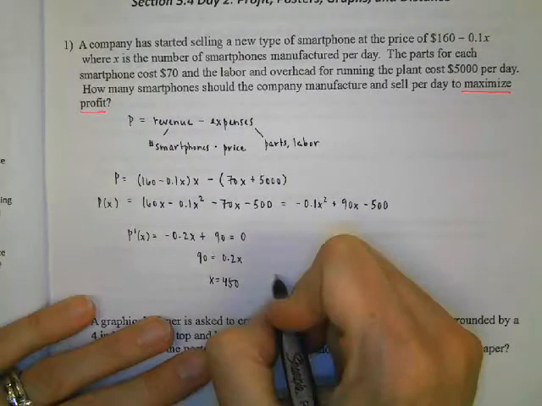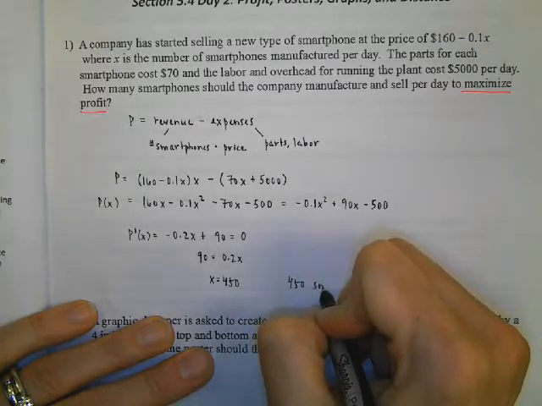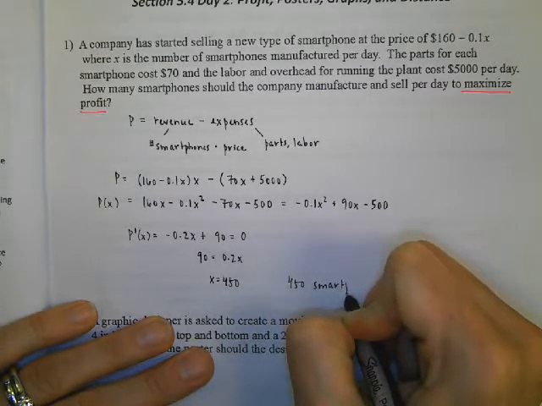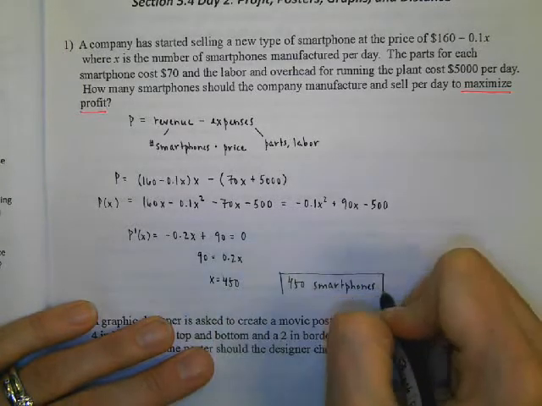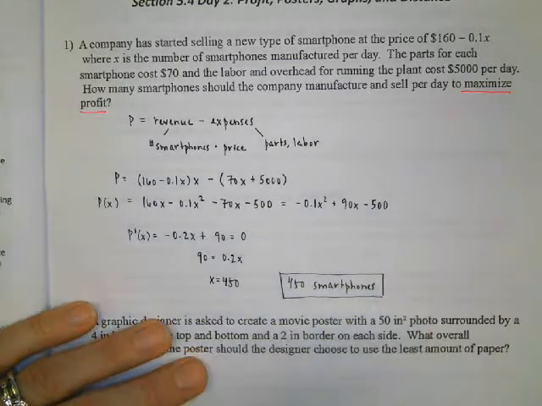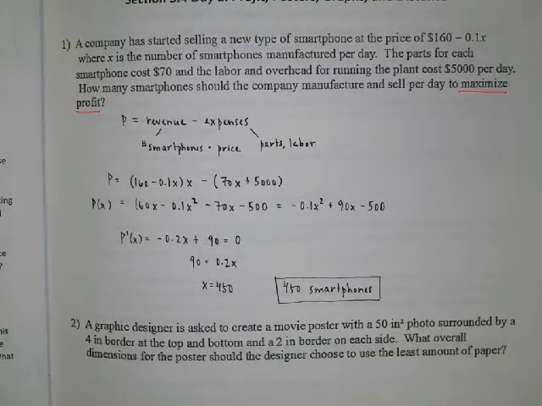So I'm going to maximize profit when I manufacture 450 smartphones. Okay, so you'll be working with lots of similar profit type questions.